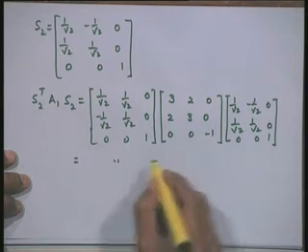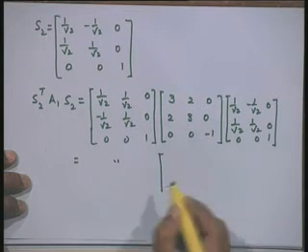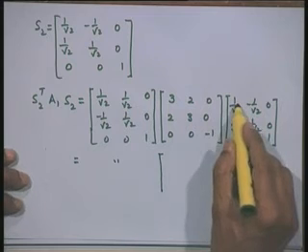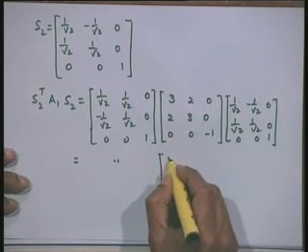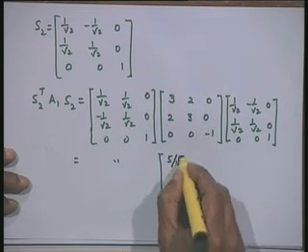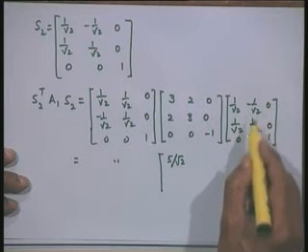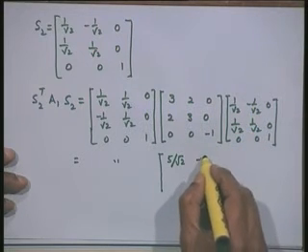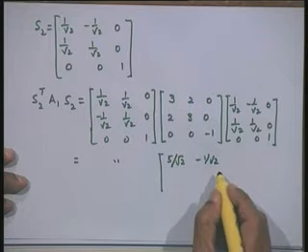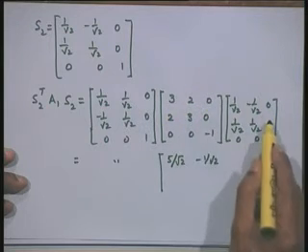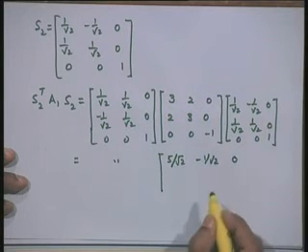Now let us multiply out this matrix again. Therefore this gives us 3 by root 2 plus 2 by root 2, that is 5 by root 2, 5 by root 2. This is minus 3 by root 2 plus 2 by root 2, that is minus 1 upon root 2. This is 0, this is 0, this is 0. So I have a 0 here.